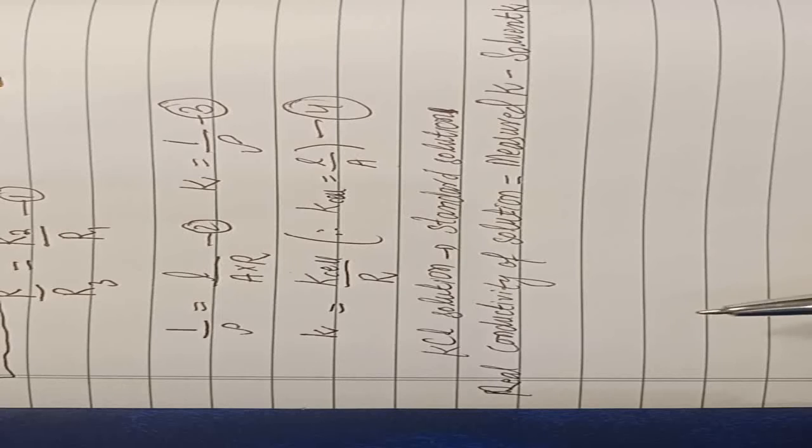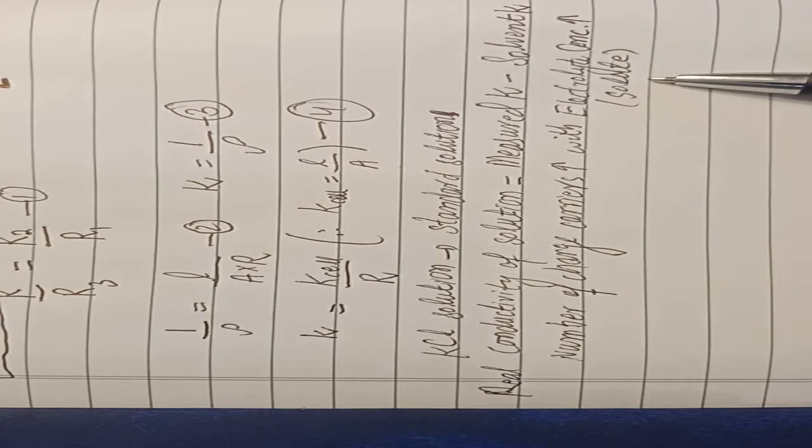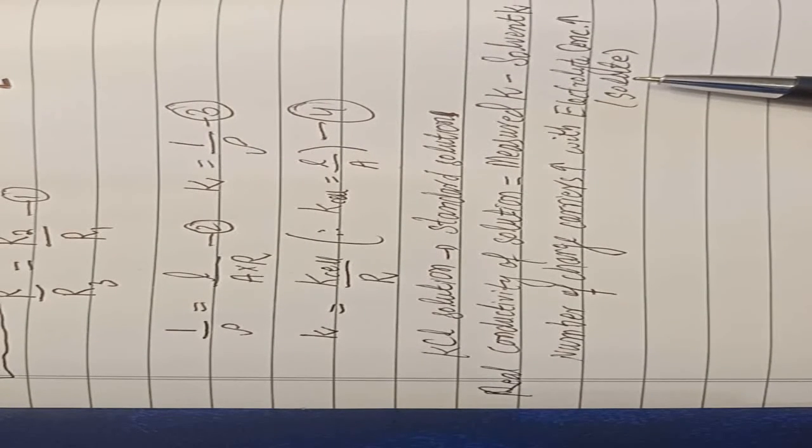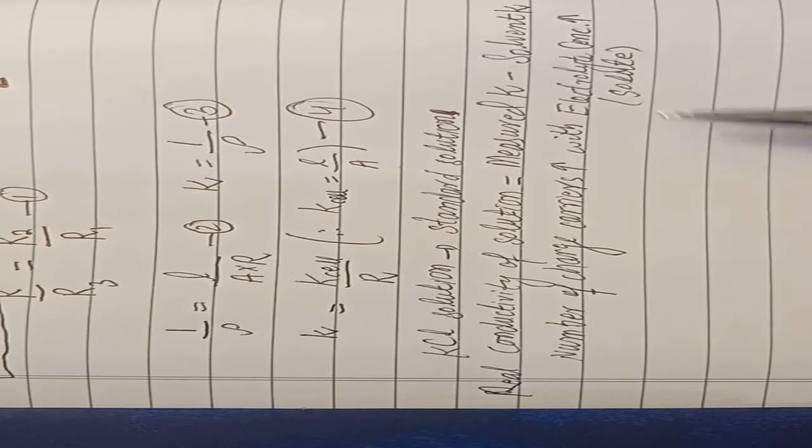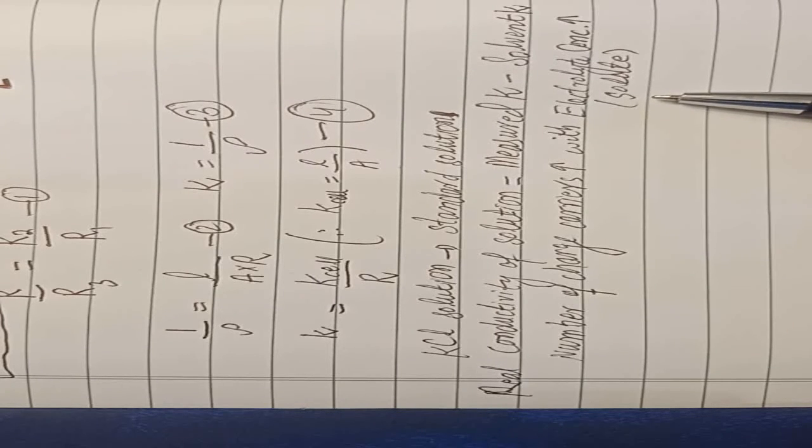Since the number of charge carriers per unit volume increases with increasing electrolyte concentration, that is actually the solute concentration, the solution's conductivity usually increases as the electrolyte concentration increases.